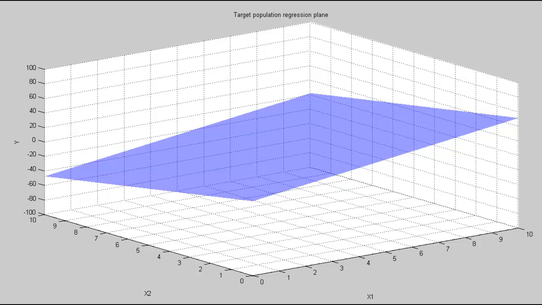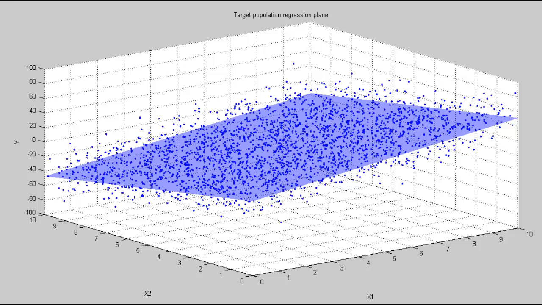Now the next thing I want to do is generate 2,500 data points. And I'm going to generate them by first using the structural part of the data generating process. I'm going to place a random number generator at each point, and then I'm going to allow it to generate one data point, and all of the data points that it generates will have a mean of 0 and a normal distribution.